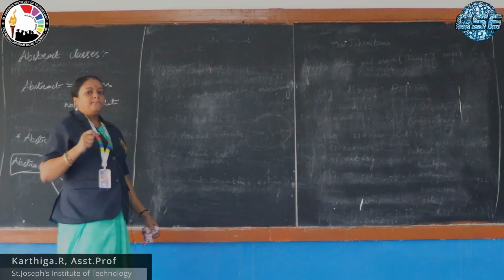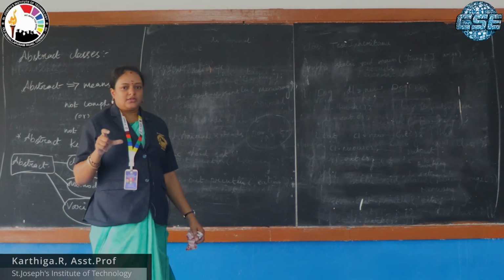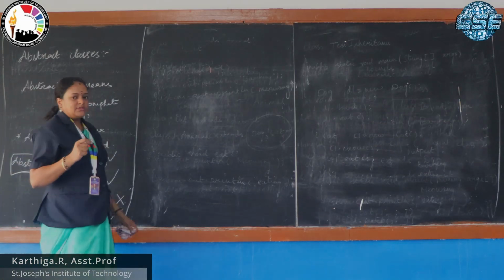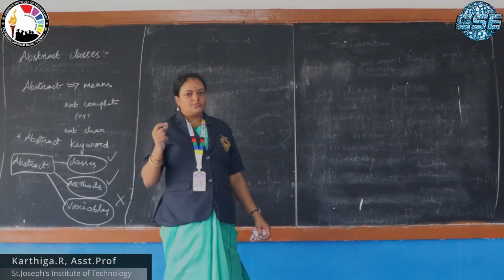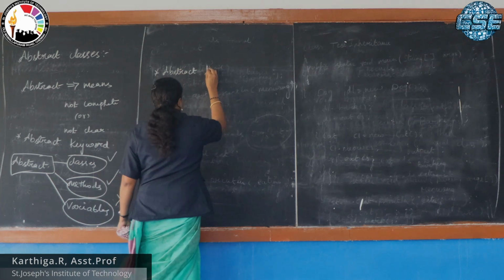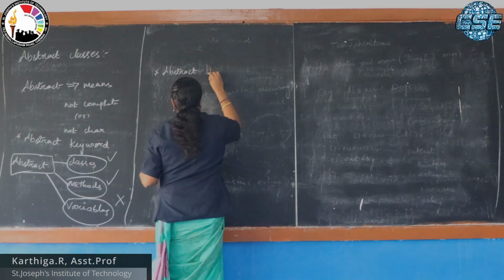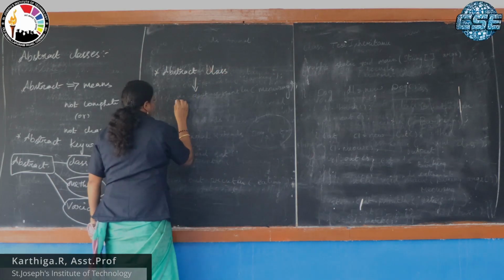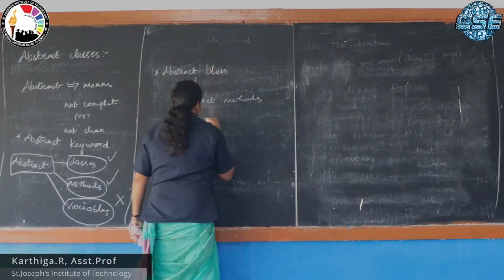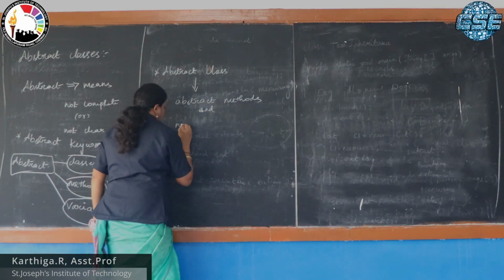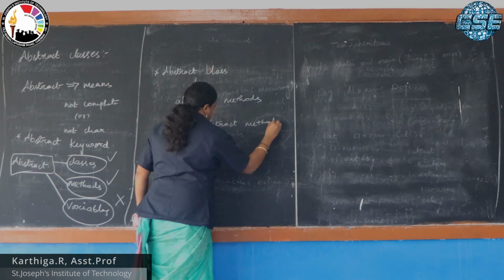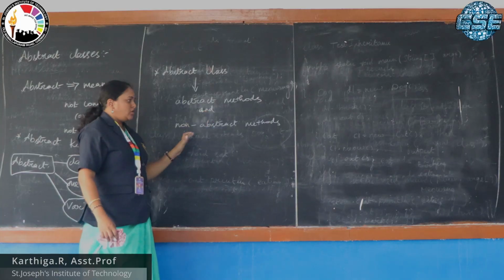It is a partial implementation of a class. An abstract class is declared by using the abstract keyword, and abstract classes have abstract methods and non-abstract methods also.